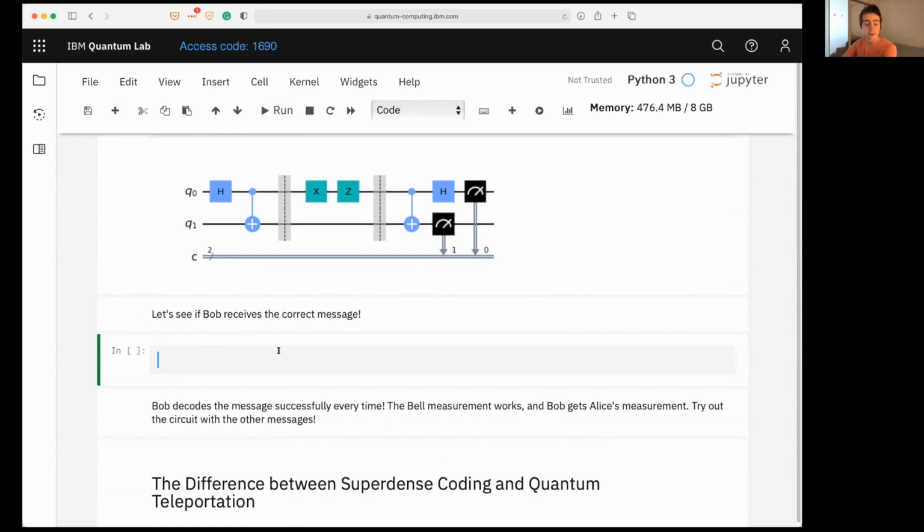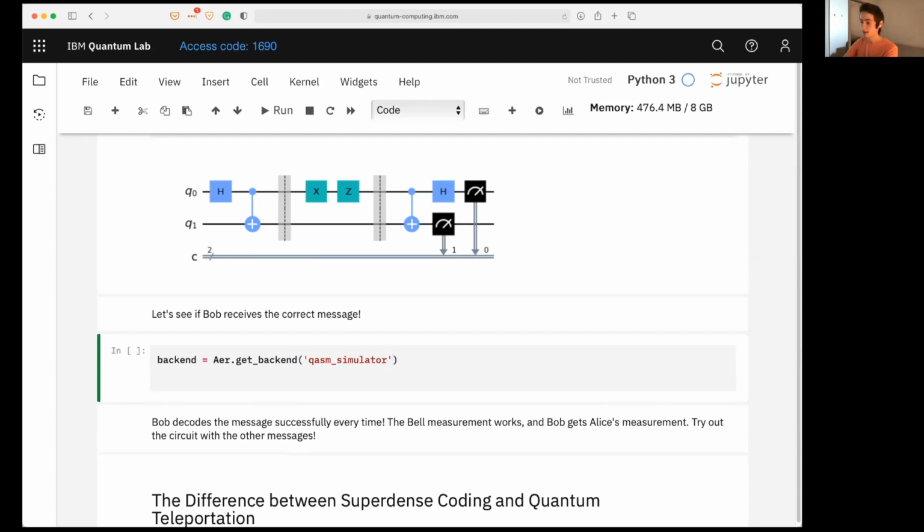For this one, I will use the QASM simulator because, as a reminder, the state vector simulator doesn't deal very well with measurement, right? Now that we've got a circuit with measurements in it, we should probably use the QASM simulator. So we'll do Aer.get_backend. This time we want the QASM simulator. We will create our job by executing our circuit with that backend.